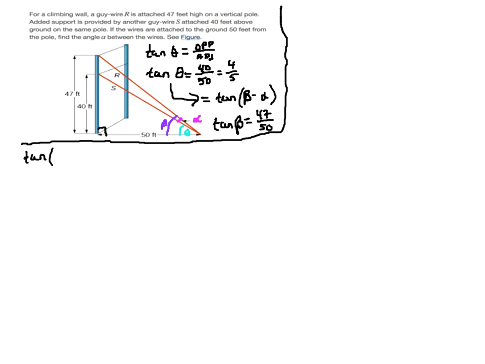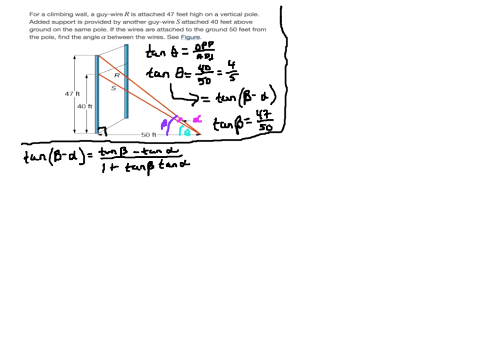So if we do the tangent of beta minus alpha, we get tangent beta minus tangent alpha divided by 1 plus tangent beta tangent alpha.